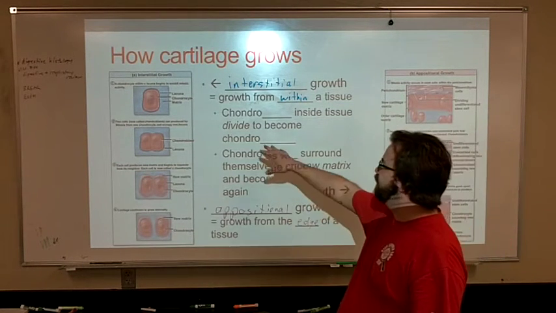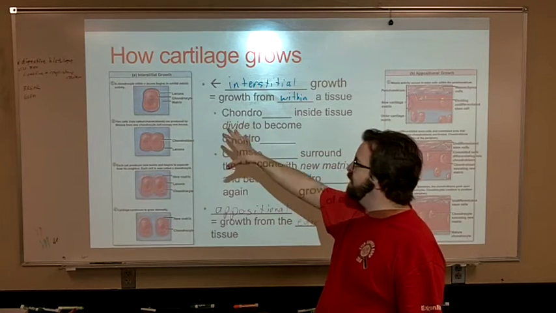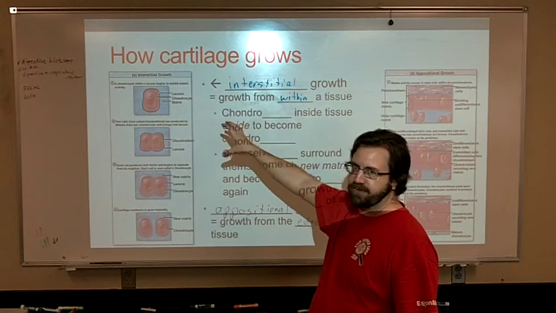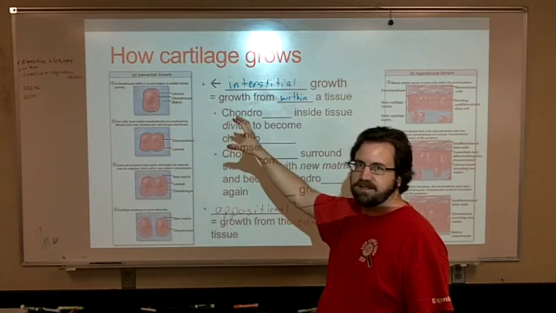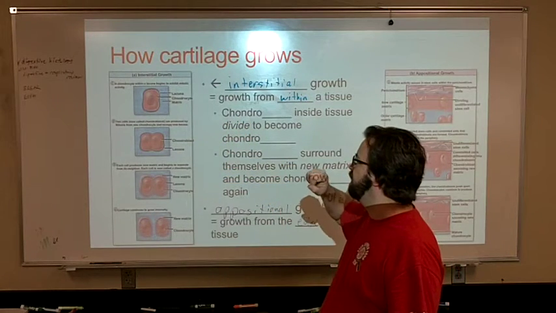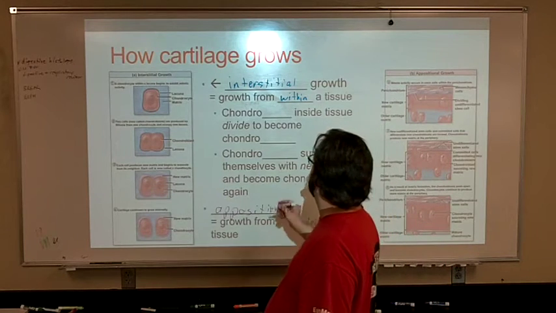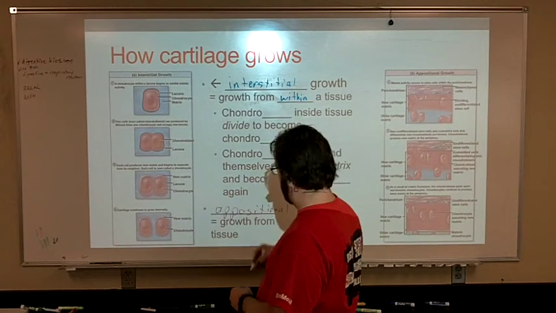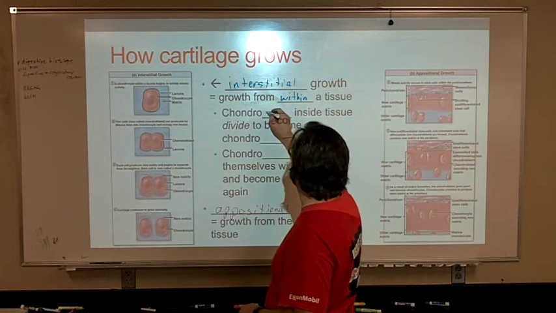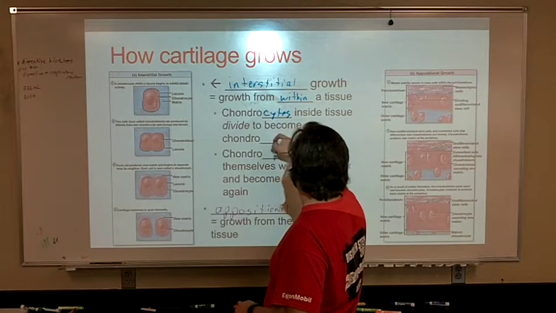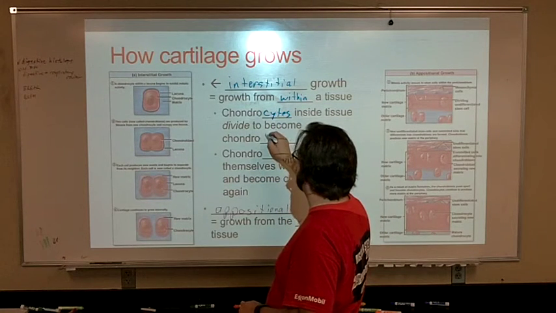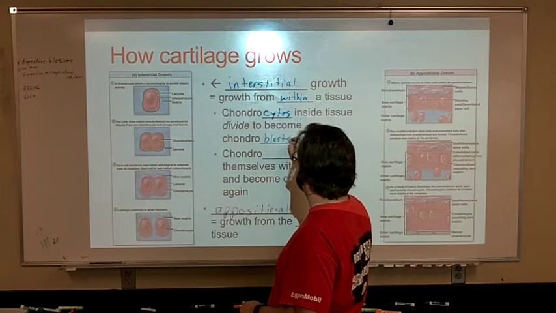What happens is, if you have a little bit of cartilage already, you're going to have some chondrocytes inside the matrix, inside the ground substance of the tissue. So those chondrocytes are going to divide to become chondroblasts.